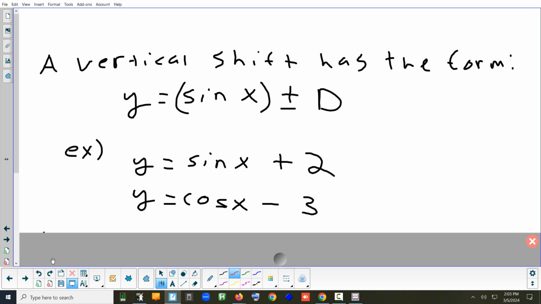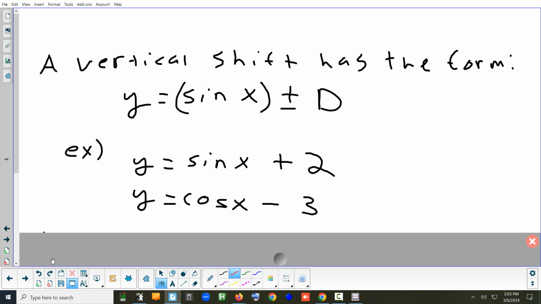Okay, so there's some examples of vertical shifts. Which one is shifting up? The first one, sine of x plus 2. So when you have a vertical shift, it's not backwards.